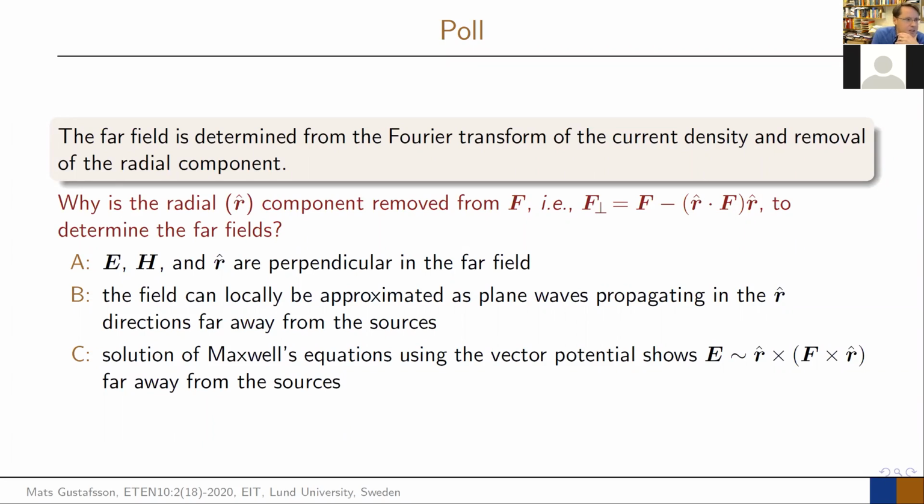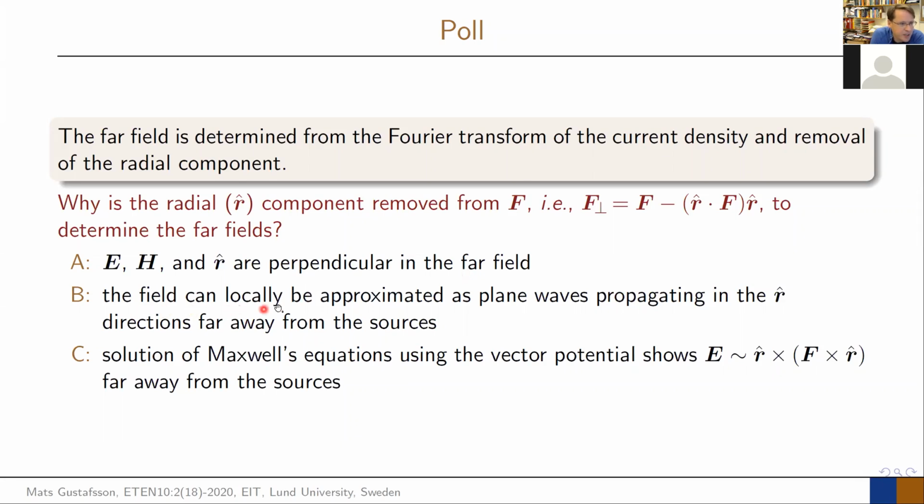So the question here is, the far field is determined from the Fourier transform of the current density and removal of the radial component. And now the question is, why is the radial component removed from this radiation vector F, which means that we take F and subtract what goes in the radial direction. There are three alternatives here. A: E, H, and r hat are perpendicular in the far field.